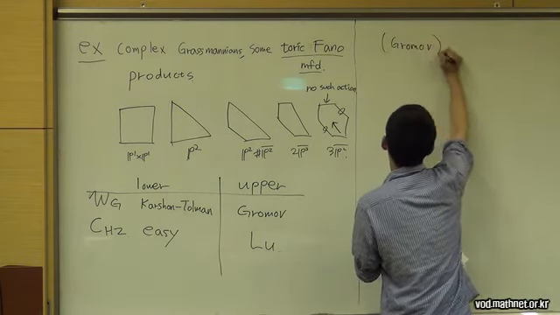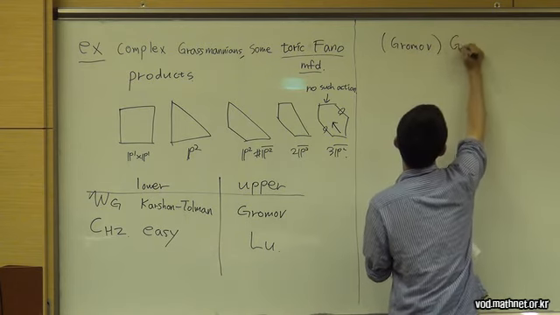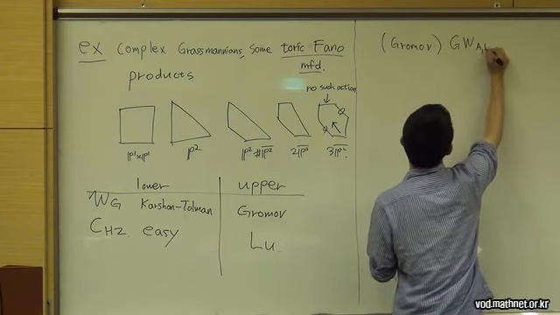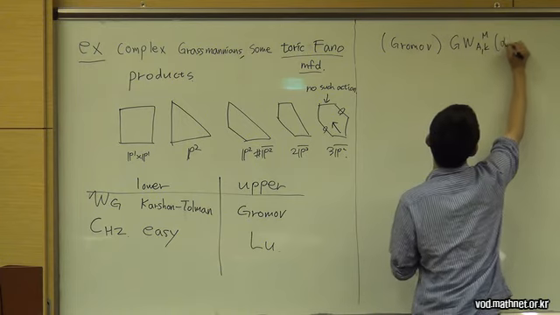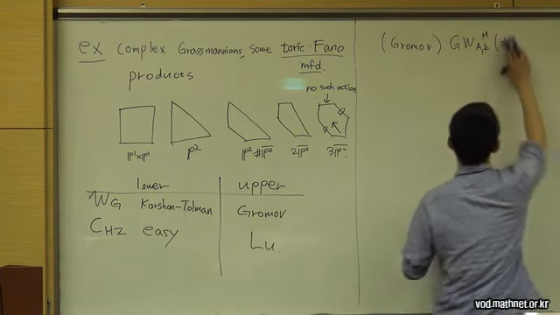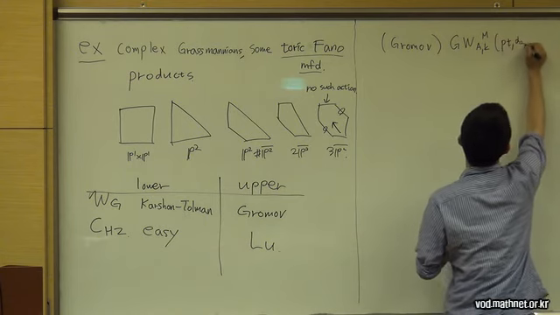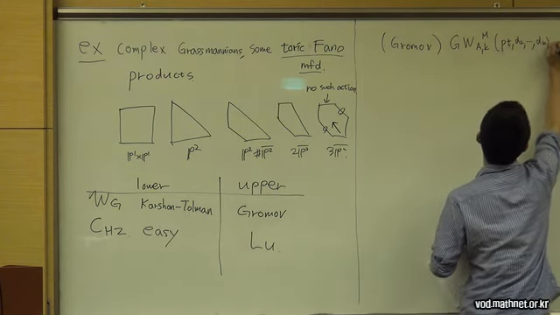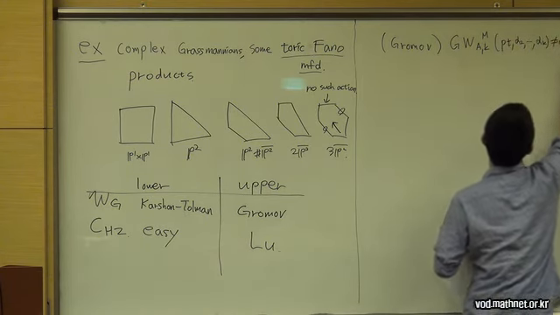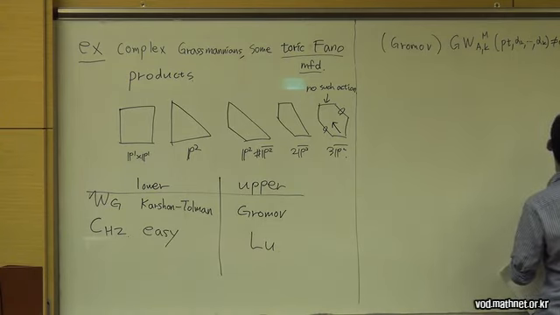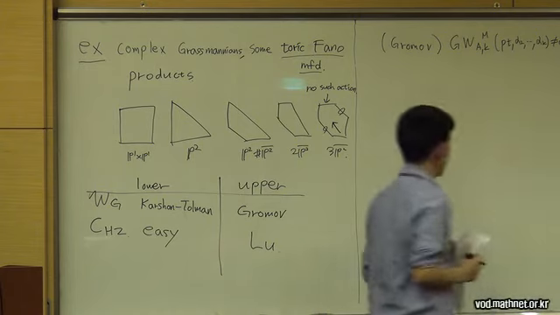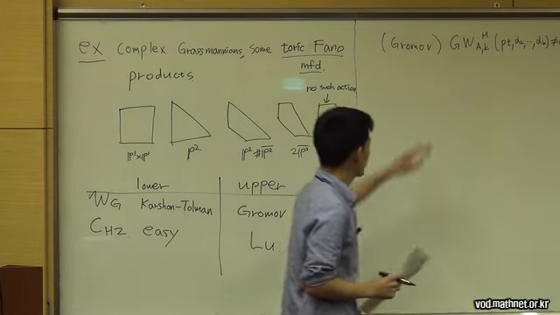Gromov's result is that in an 8-dimensional case, the first one should be a point.